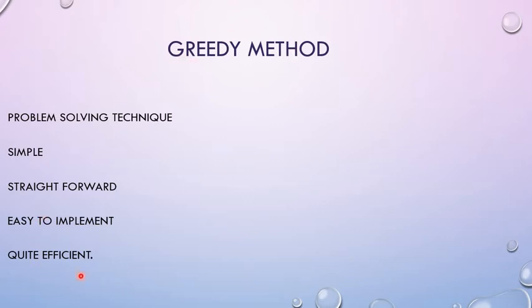There are some problems that can be solved by the greedy technique, and it gives the best solution easily. These are the general characteristics of the greedy method. What are they? It is very simple, straightforward, easy to implement, and it gives the solution efficiently.